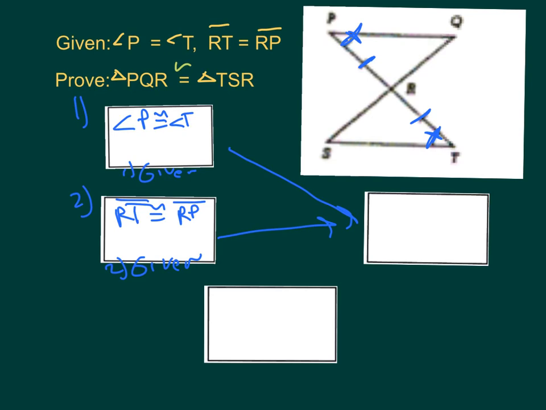Looking at it, right here we have an angle, and this is a side. What do we know about certain aspects of these 2 triangles that could give us a congruency shortcut? Let's take a look at this angle right here and this angle right here. They are going to be congruent angles, but why?